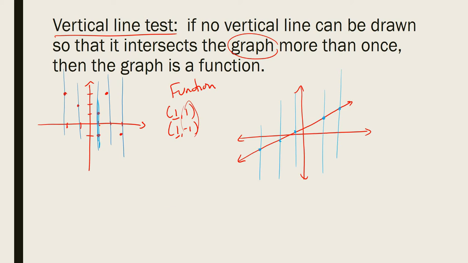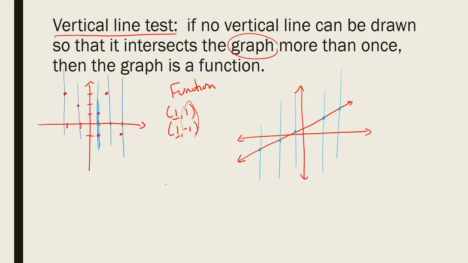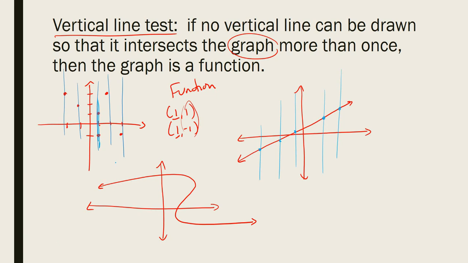Let me show you a graph that would not be a function. So if I have a graph that looks something like this, this graph is not a function because you can see that over here my vertical line test works, but there are several vertical lines in here that cross the graph in more than one place.